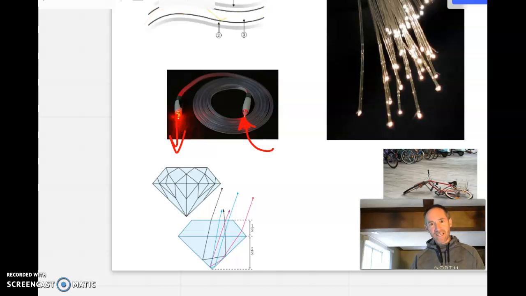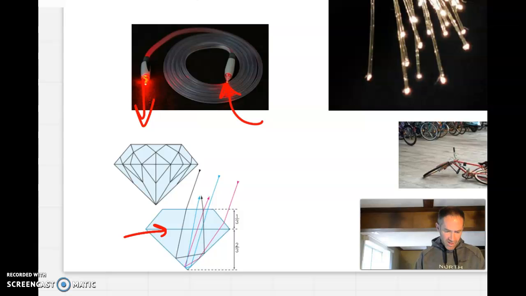Another neat application of this is how the bottom of a diamond is cut. A diamond is a neat thing because the angle of incidence necessary to have total internal reflection actually isn't that high, because the index of refraction of that is pretty large. And so here we have diamond, which is going to have an index of refraction of something like 2.4, versus the air, of course, is going to have an index of refraction of 1.